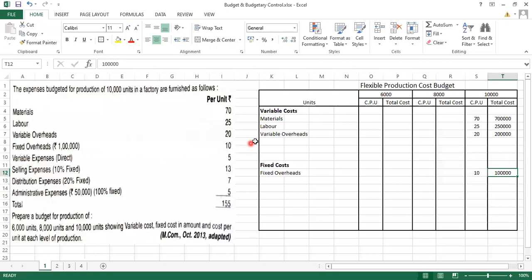Next is variable expenses. Per unit, so 5 into 10,000, 50,000.